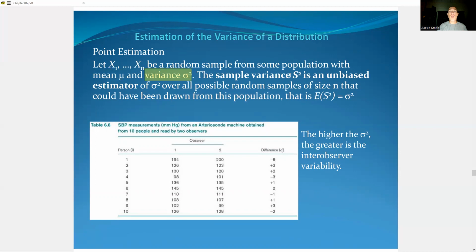The sample variance s squared is an unbiased estimator of sigma squared over all possible random samples of size n that could have been drawn from this population. That is, the expected value of s squared, the expected value of our sample variance, is equal to our population variance. Now, the higher the sigma squared, the greater the variance, the greater the inter-observer variability.